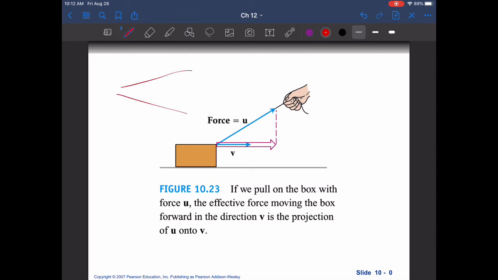So if we had a projector projecting onto a screen like this, and I held a meter stick up, if I held the meter stick parallel to the screen, then the shadow that would be projected would be the same length. It would just be blocking out the same length.